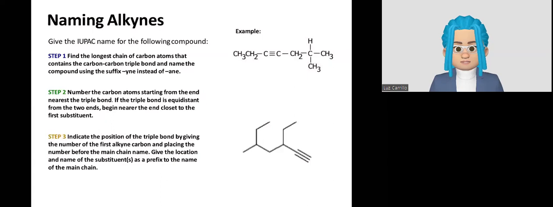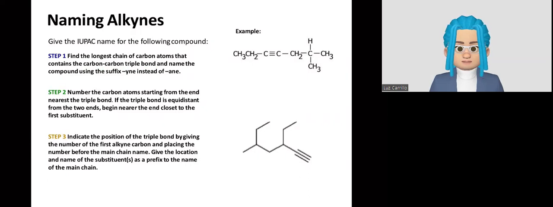Let's now proceed to learn how to name alkynes. The rules for alkynes are actually very similar to the ones of alkenes. We're going to find the longest carbon-carbon chain, but now this longest carbon chain needs to have the triple bond within those atoms. Because it's an alkyne, my parent chain is going to end in -yne. We're going to number the carbon atoms starting from the end that is closest to the triple bond.